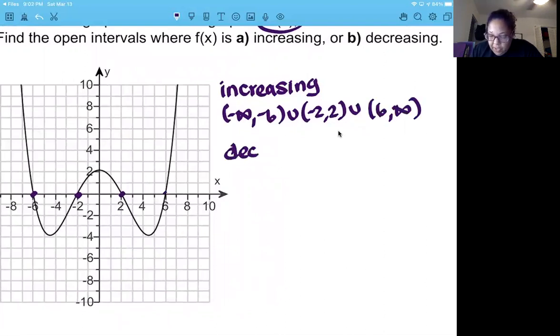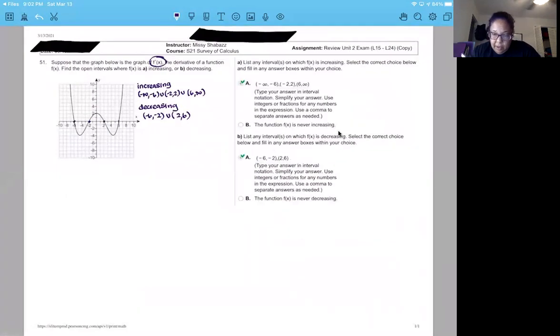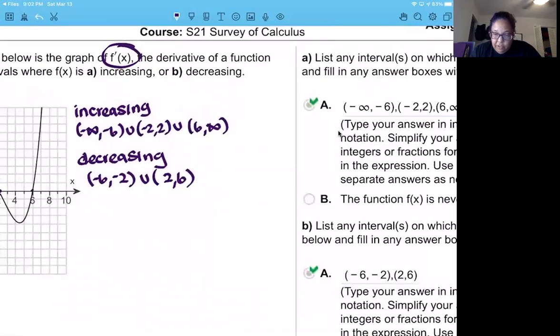And then it's below the x-axis and decreasing between -6 and -2, and 2 to 6. And notice I should probably take out these union signs because they tell us in the directions to separate them by commas.